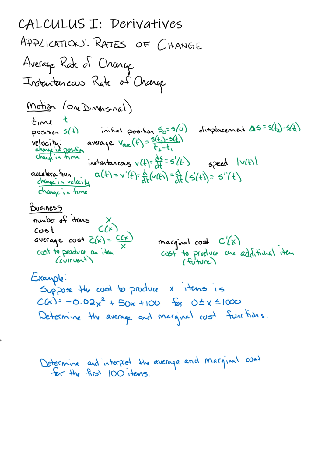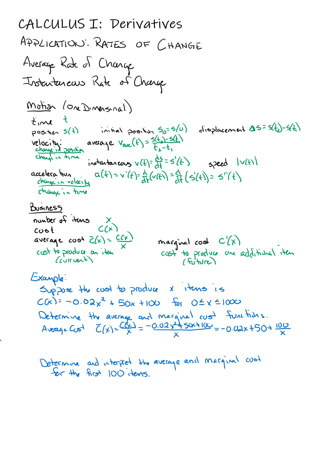The average cost is simply going to be c bar, which is c of x divided by x. In this case, that's negative 1/200 x squared plus 50x plus 100 over x, which simplifies to negative 1/200 x plus 50 plus 100 over x.